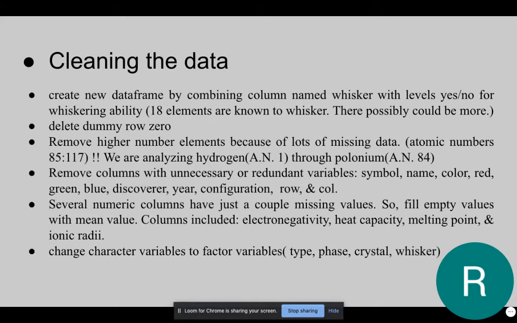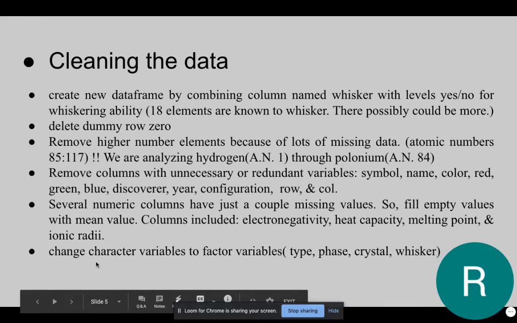Some things just haven't been measured, but that's okay. When analyzing the full distribution, we can just fill in these missing values with the mean. It's kind of like a band-aid, so you can get an understanding of the distribution without having to scrap the whole project.